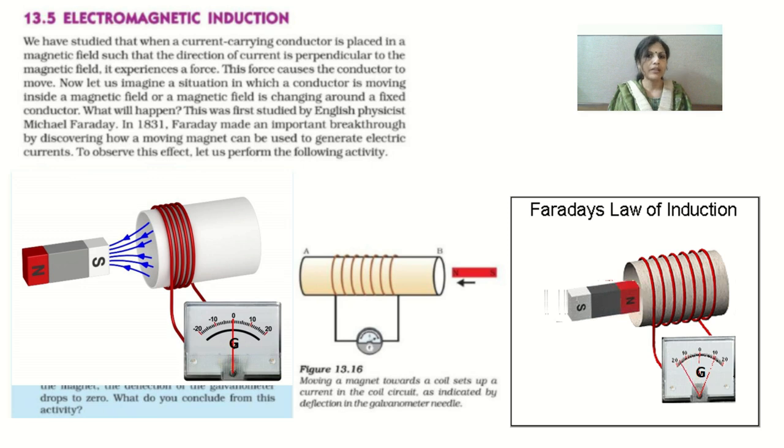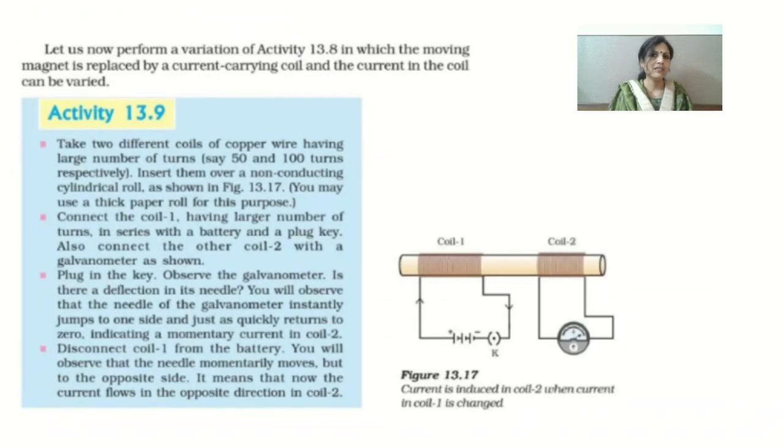There is one more method for inducing current into the coil. Let us observe that. In this method, we have taken two coils of wire, and both the coils are placed adjacent to each other. One coil is connected to the battery and the other coil is connected to the galvanometer.